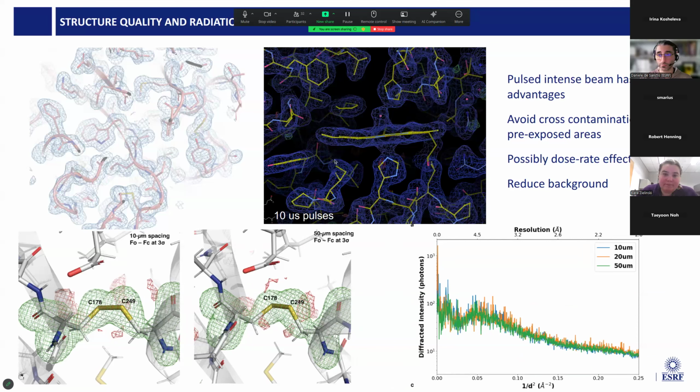And this is, for example, how it looks. This is myoglobin in complex with a water molecule, and even by using very bright 10 microsecond pulses, we don't see the water leaving the active site.